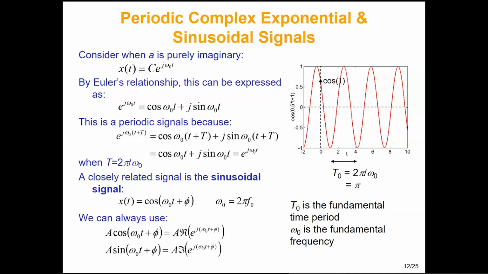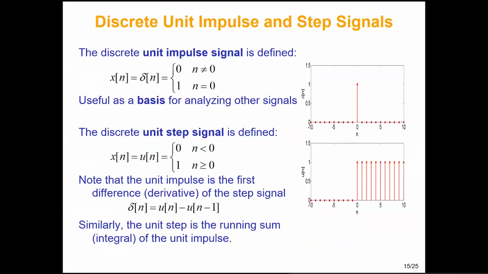And why we keep coming across it and why it is so useful will become clear. If not by the end of this course, by the end of DSP, you will be absolutely clear why this complex exponent e raised to the power of j omega naught t is so important and where it is all used.